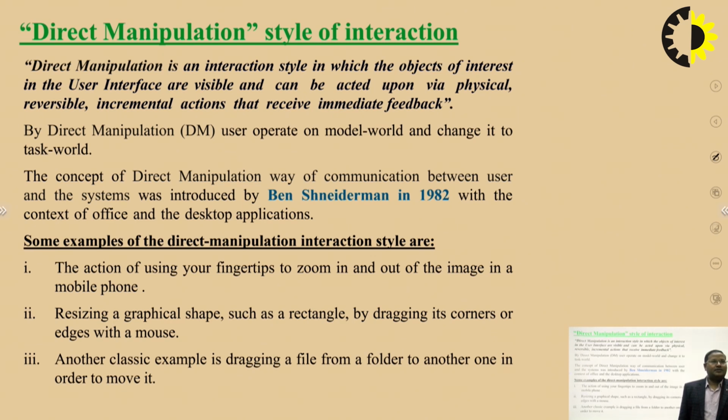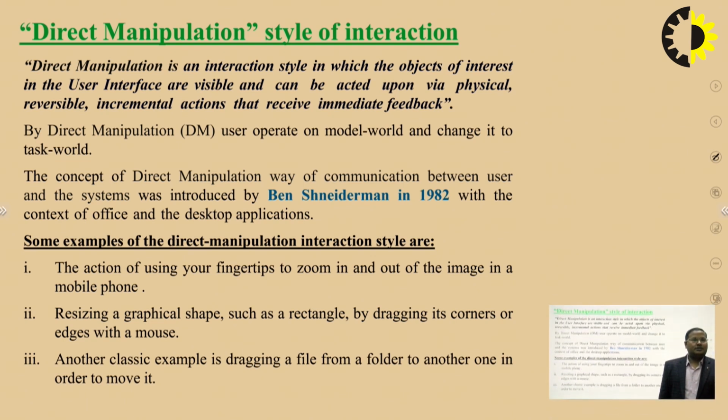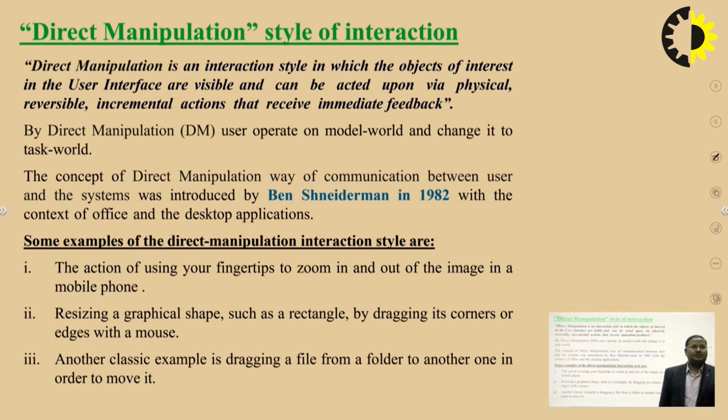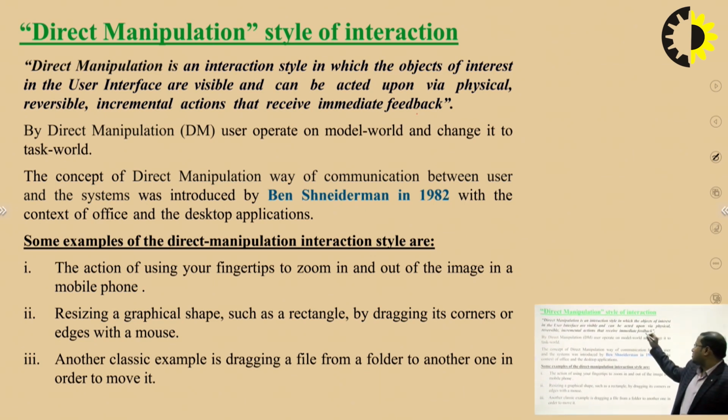Direct manipulation style of interaction is an interaction style in which the objects of interest in the user interface are visible and can be acted upon via physical, reversible, incremental actions that receive immediate feedback.